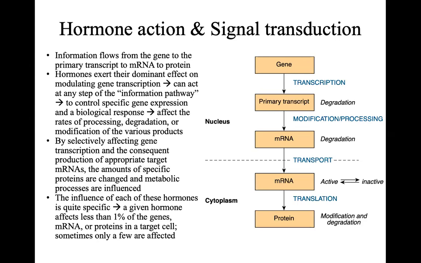So what does the cell do? It goes to the DNA, tells it that we need more insulin, and then it is modified into an mRNA structure inside the nucleus. This is where the information is transcribed. After that, this information, the message, will be transported outside the nucleus to make the protein.